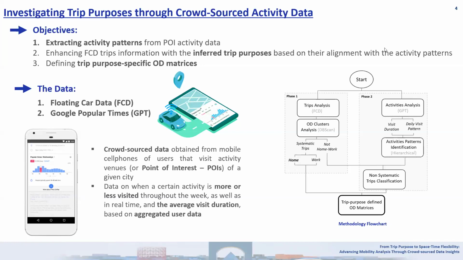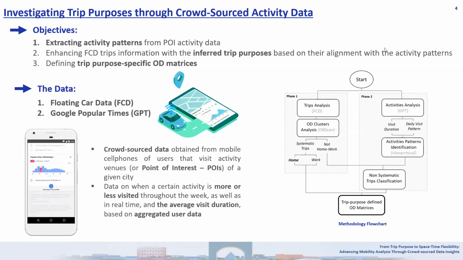I hope you agree with me that if we observe traffic flow on a network, this is the convolution of people doing different activities during the day. So yes, commuting trips are fundamental, but in some other hours, we are dealing, for example, with leisure trips or trips for other reasons. So we started to think it is possible to better understand travel demand in terms of the motivation behind the trip, because the demand is a convolution of motivations.